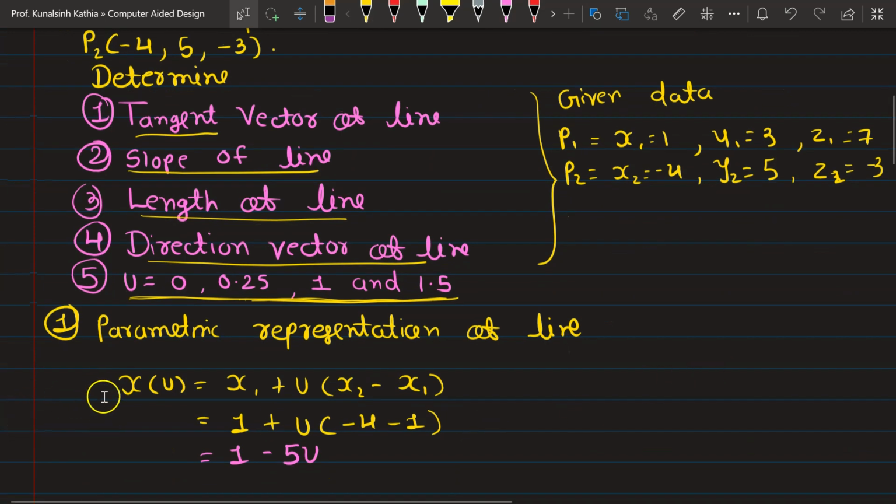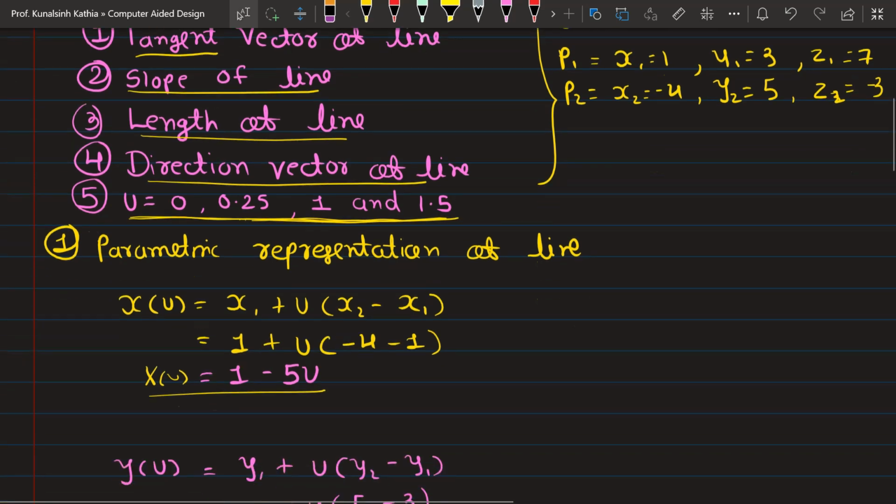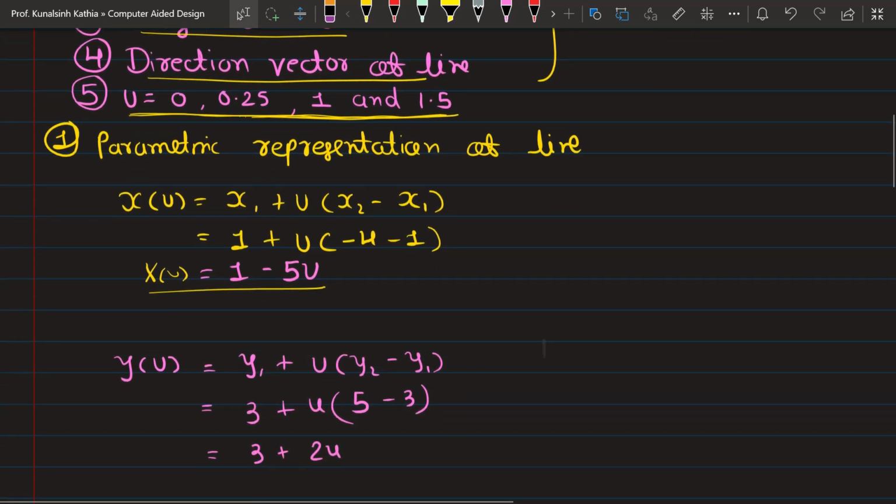First I have to calculate the parametric representation in the case of x. The equation for x is x1 plus u (x2 minus x1). I am putting those values in and I get the final parametric equation x(u) is 1 plus 3u. So this is the x parametric equation for that particular line.